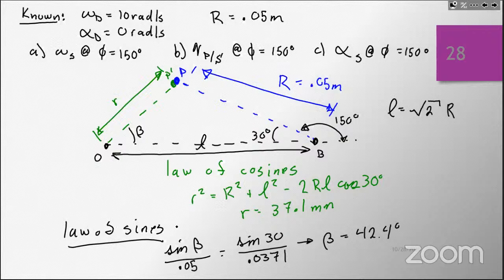Okay, so that's the geometry of the situation at 150 degrees. How is that going to help us? Well, remember, we're going to need components in the x and y directions, and that's where the angles come into play. So is everybody okay with this so far? Maybe, maybe not? We're going to keep chugging.